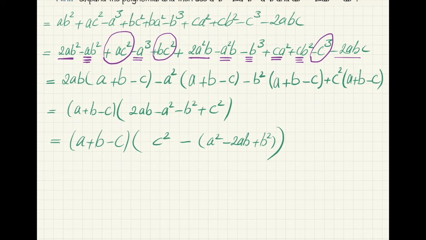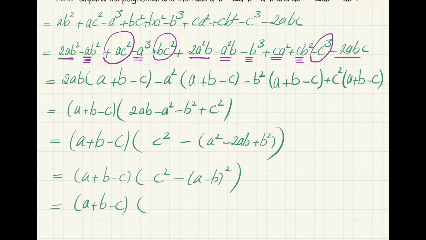Okay, now why I did this? Because now you can immediately see that the second one is actually a quadratic pattern, so I can write it as a minus b to the 2. Yes, the first one to the 2 gives me this, 2 times the first one times the second one, and then finally the second one to the 2. But now this is the difference of two complete squares, and that I can use the conjugate rule. So it becomes c, the square root of the first one, minus the square root of the second one, and the square root of the first one plus the square root of the second one.